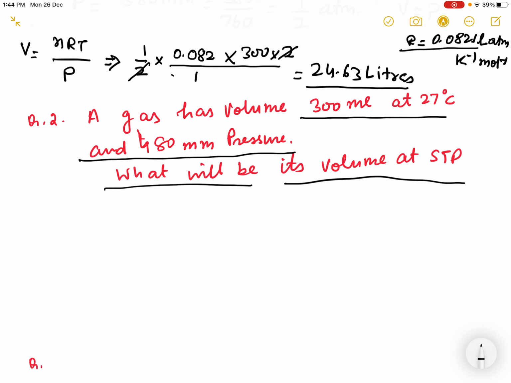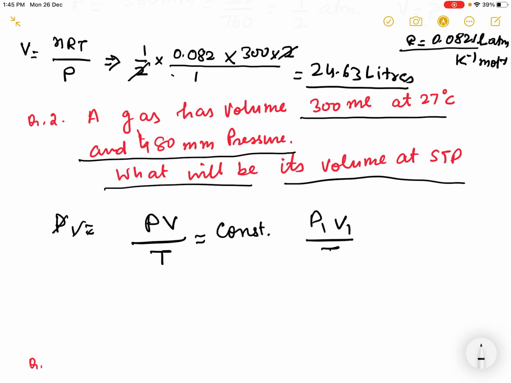See, here we can see that PV divided by T is equal to constant, and in this way P1 V1 divided by T1 is equal to P2 V2 divided by T2.